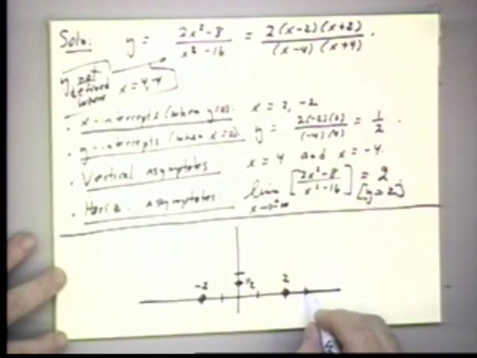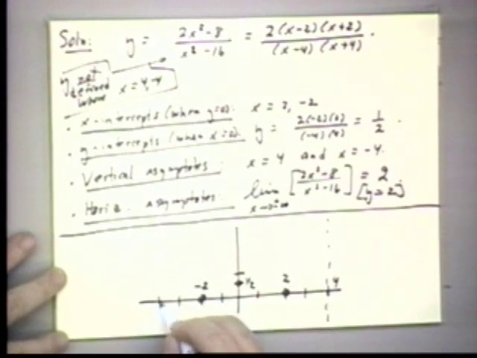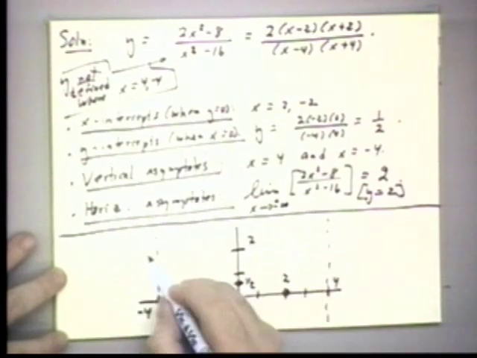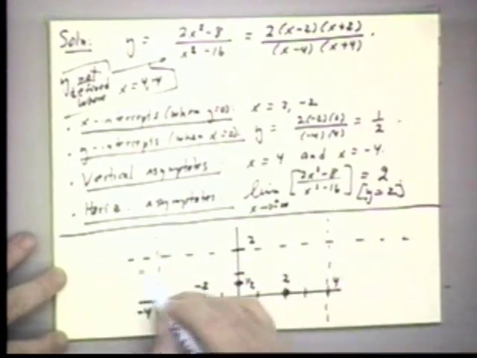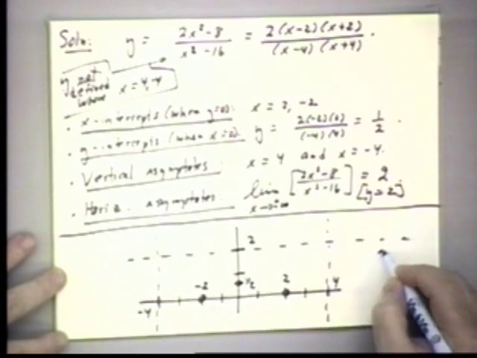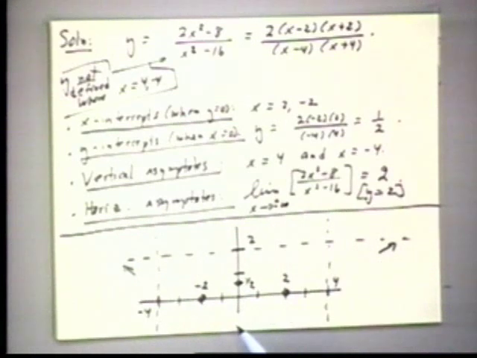I know there are vertical asymptotes at 4 and at minus 4, so I'll mark those. And I also know that if I come up here to 2, that the function is approaching this horizontal asymptote as I go out far enough in the two directions. So I don't know exactly what the function's doing out here, but this gives me a rough idea of where the function's graph ought to be.